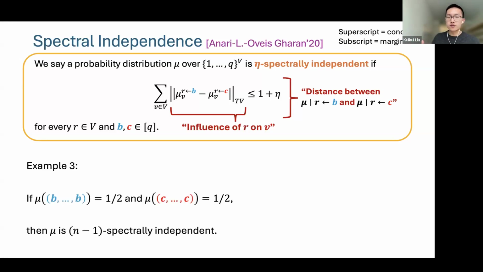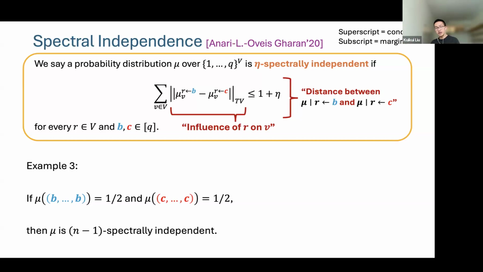As a final example, in the opposite extreme, suppose the distribution mu is concentrated on two configurations, one of which assigns all vertices the color B, and another which assigns color C to all the vertices. Then I claim the distribution is going to be n-1 spectrally independent.